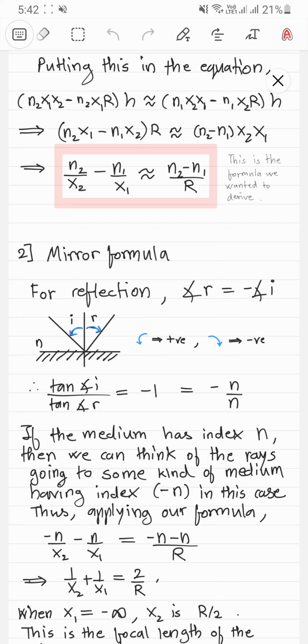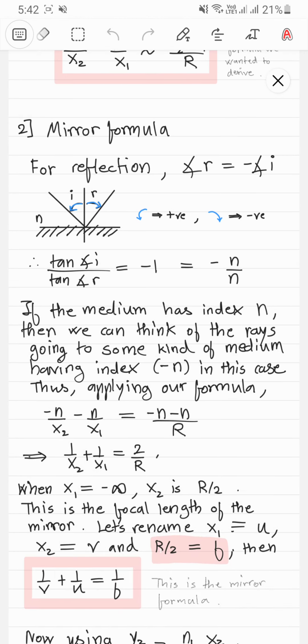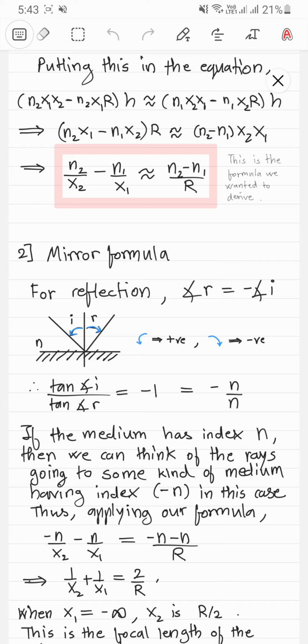But it's not over yet, because I have something really nice to tell you. First of all, the mirror formula. It's done the same way I did it last time, by seeing how this formula could be applied over here, right?